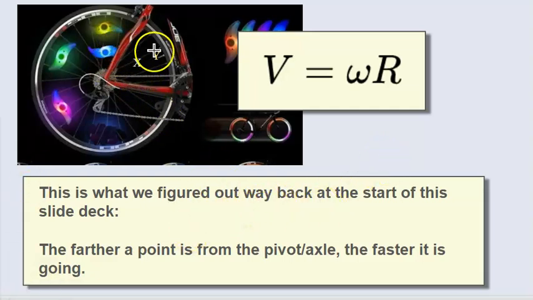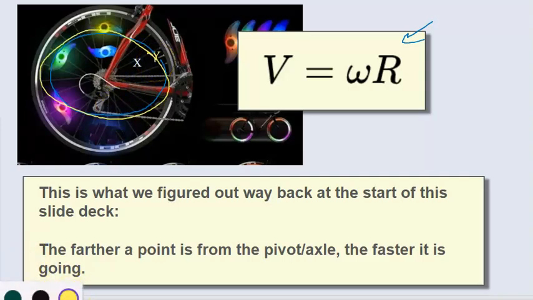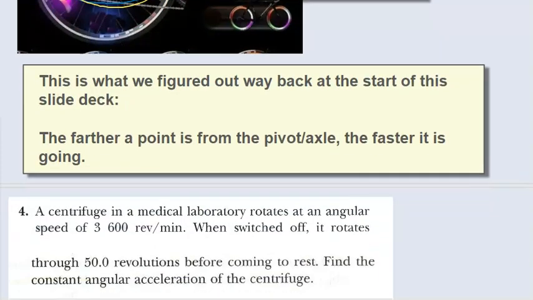Point Y, if you double R, then you double the speed, because if you're twice as far away from the pivot, then point Y has to travel twice as far to get around once as point X does. So it's got to be moving twice as fast. Okay, so super important relationship. Hope that makes sense to you.